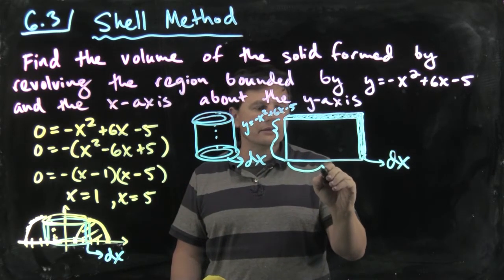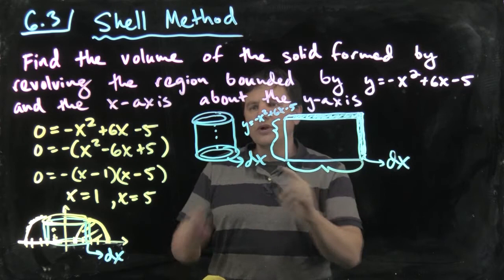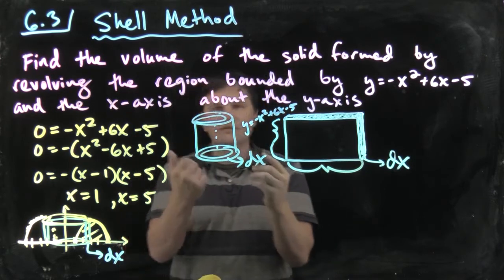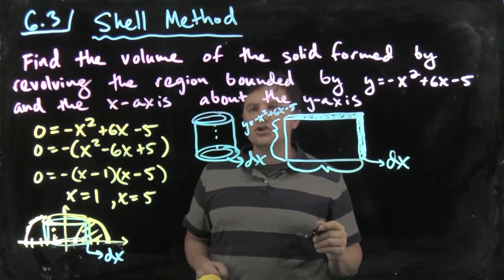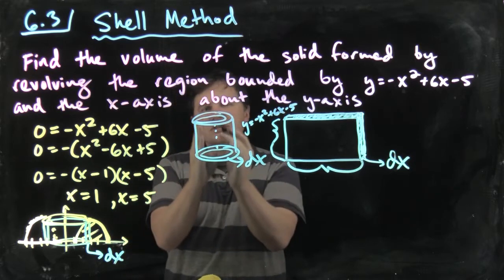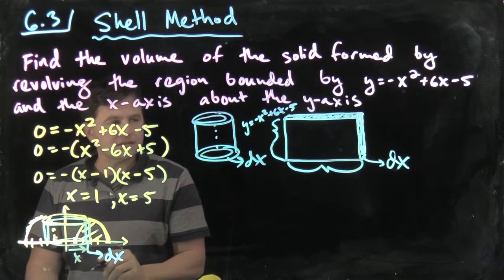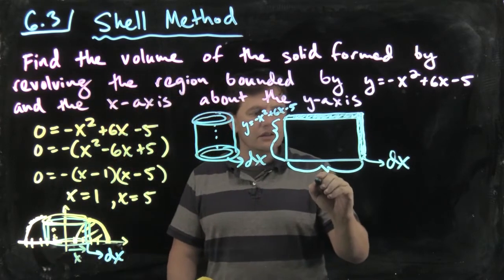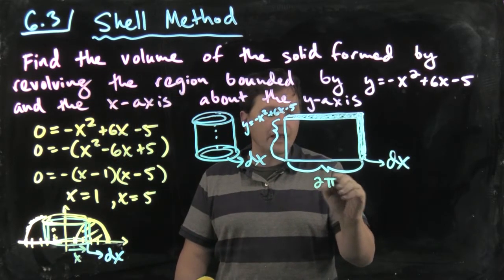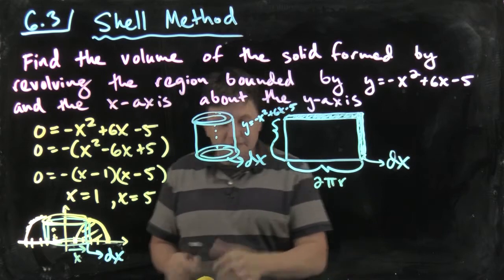The length, or whatever you want to call it, realize that this is the circumference of this thing. So circumference is 2 pi r. Now what's the r going to be? Well, the r is going to be whatever the x is, so the circumference will be 2 pi x.